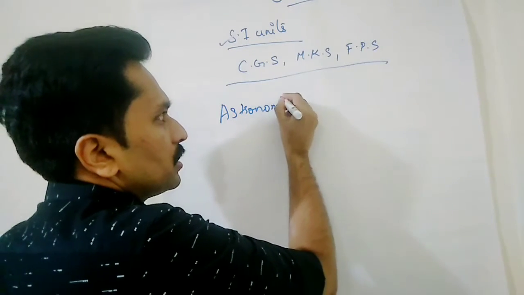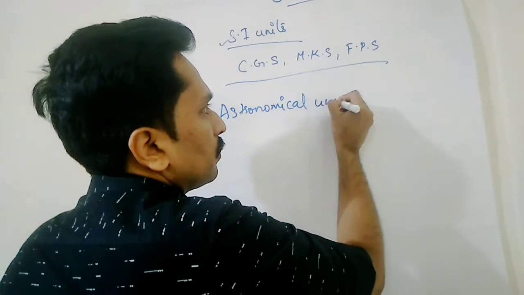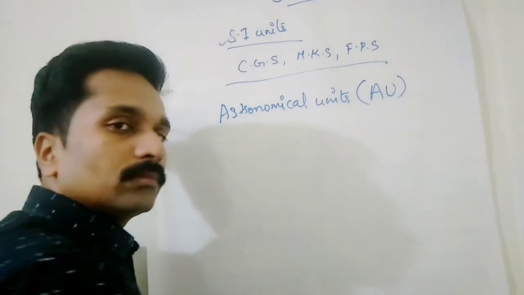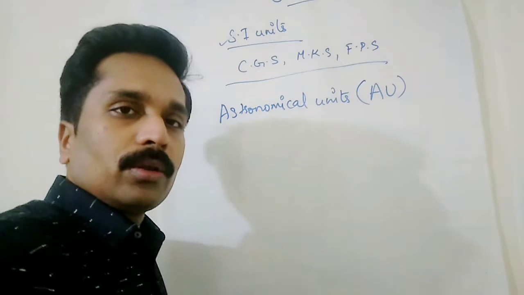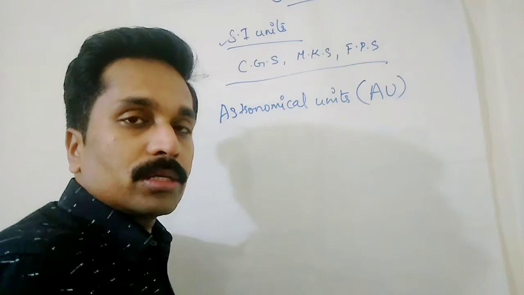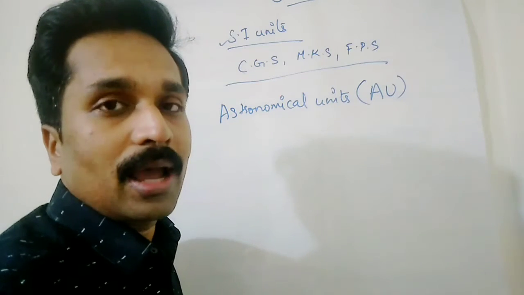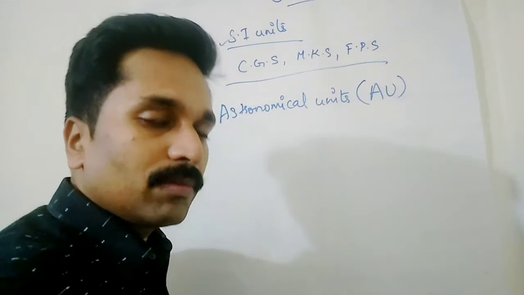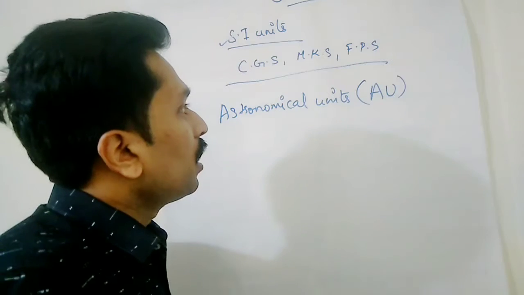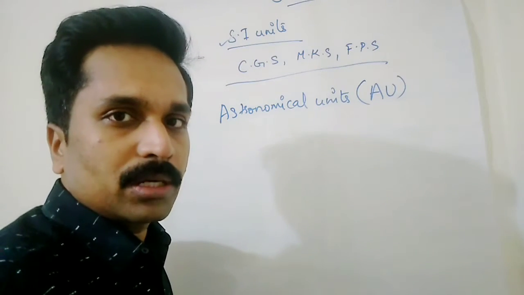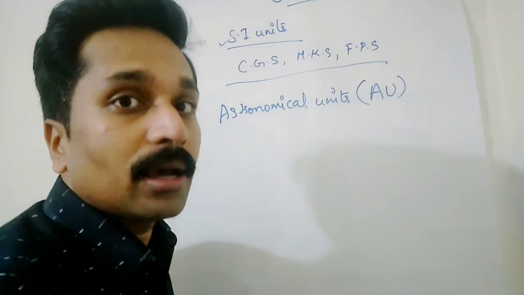Astronomical units are denoted by AU. What are astronomical units? These units are used to find the distance of separation between the sun and the earth. Once again I will repeat, these units are used for finding the distance of separation between sun and earth.